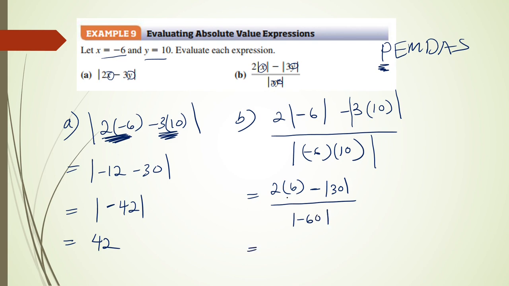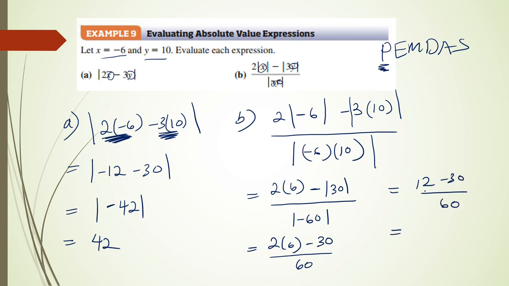I'll simplify now. 2 times 6. I'll simplify all of the absolute values now. Absolute value of 30 is just 30, but there's a negative in the front, so bring that down. The absolute value of negative 60 is positive 60, so now we can simplify this. 2 times 6 is 12.